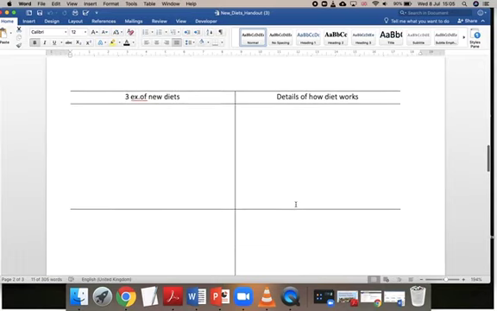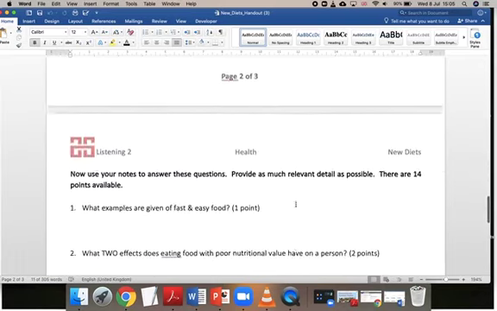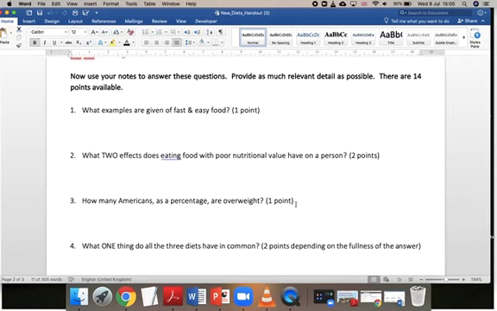Or you can go straight to the questions, because in your final exam you will see the questions and hear the lecture twice. So you will have to answer the questions as you listen to the lecture. This could be a better way for you to prepare for the exam.